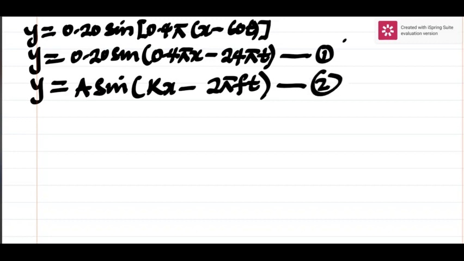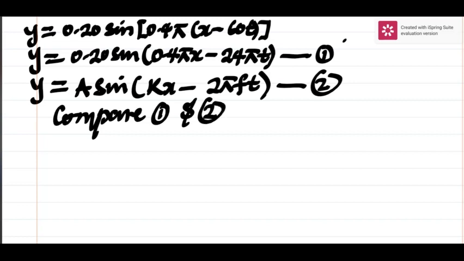If we compare equation 1 and 2 term by term, we discover that 2πft will be equal to 24πt.